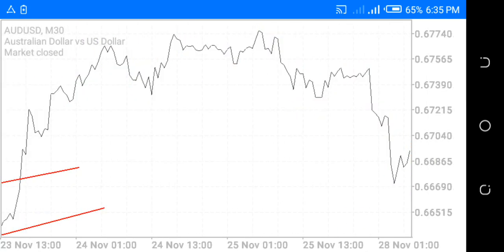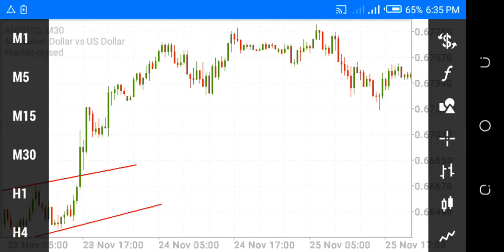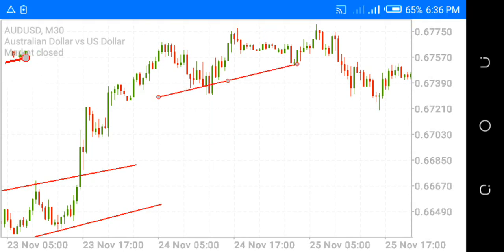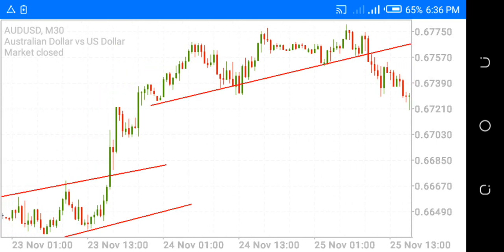This also is a double top. I think I was in this chart. Let me see. Okay, this is a double top.